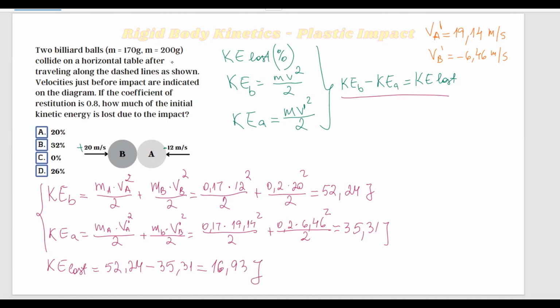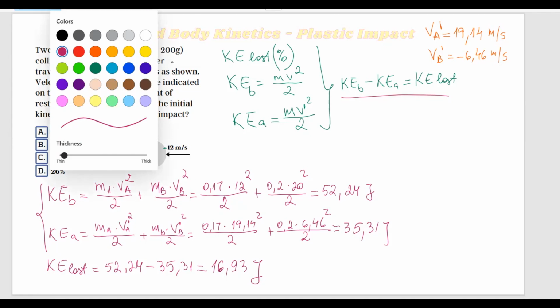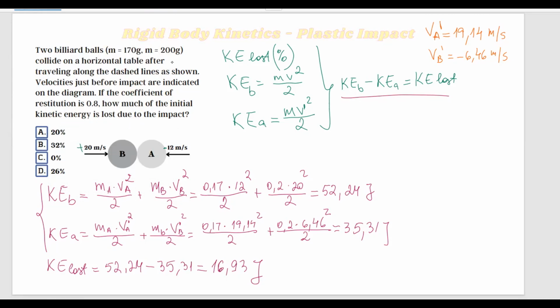So 16.93 joules is lost after the impact. Now we have to calculate this in percentage. So the easiest way to do this, if before the impact we have 52.24, that is the total kinetic energy. So 52.24 represents 100% of the kinetic energy.